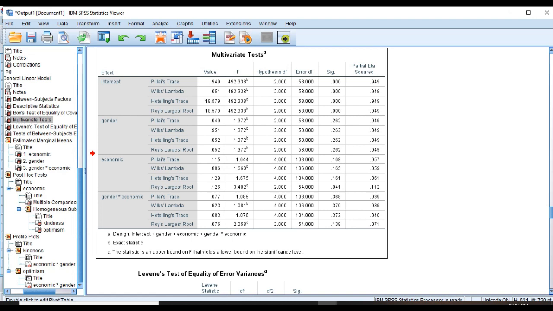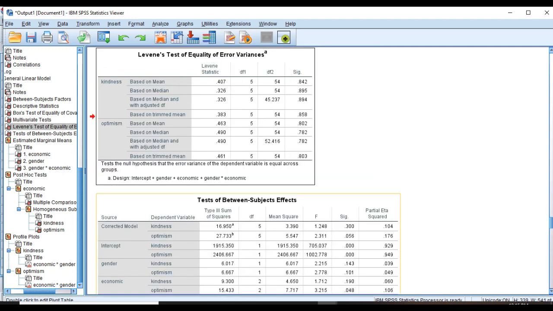And then we have the interaction for gender and economic. We can see that it is not statistically significant, and it is 0.039 or 3.9%.